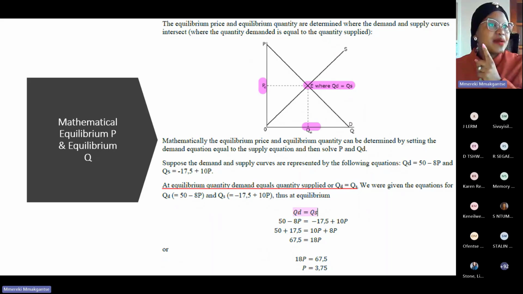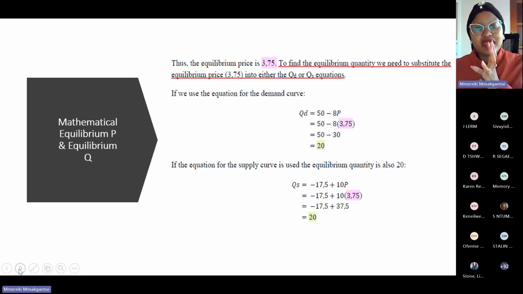Can I get a thumbs up? Kabelo, Kineilwe, Ufenze, Memory, Ntumba, are you with me? Karen, yes. Did you all get 3.75? I hope I'm not leaving anyone behind. Thus, the equilibrium price is 3.75.